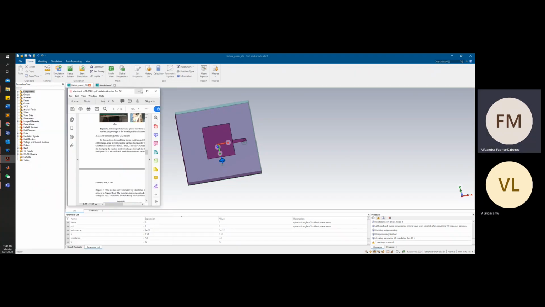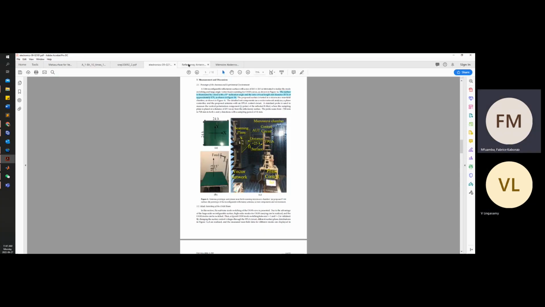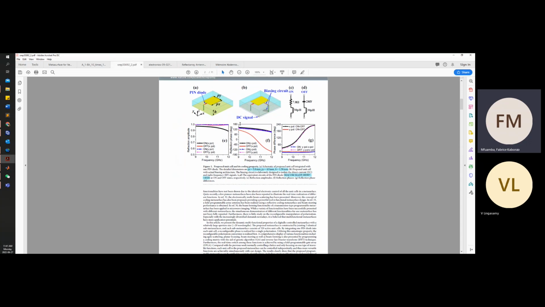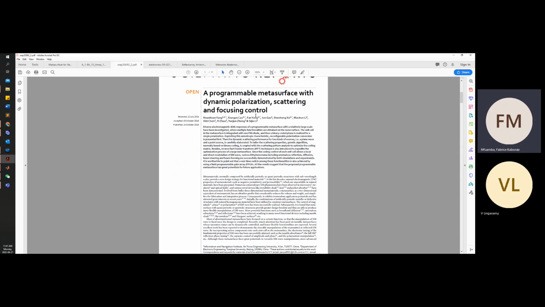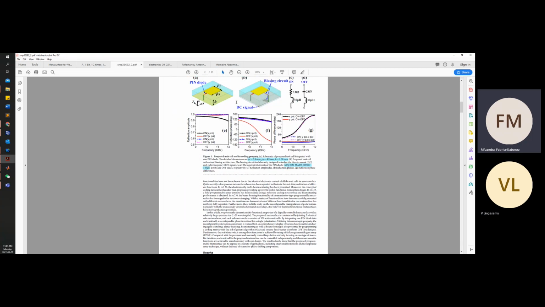Maybe I'm going to share the paper first. Yeah, this is the paper that I'm using to design this unit cell. I already followed all the details, but actually there is no information mentioned about the cell dimension from here to here.